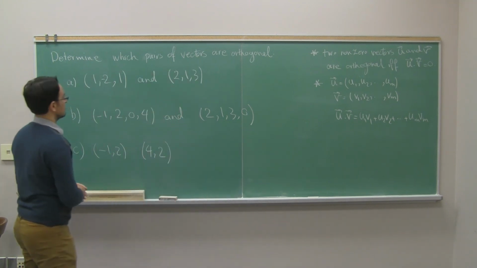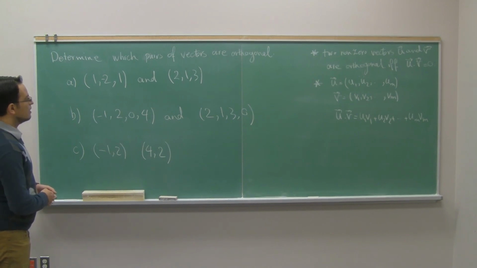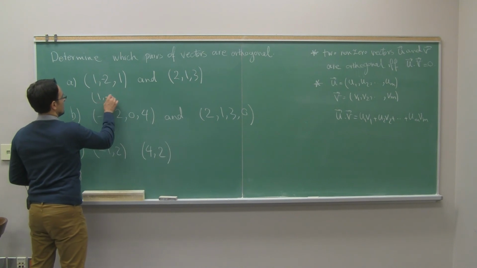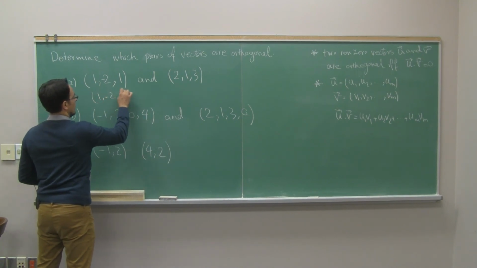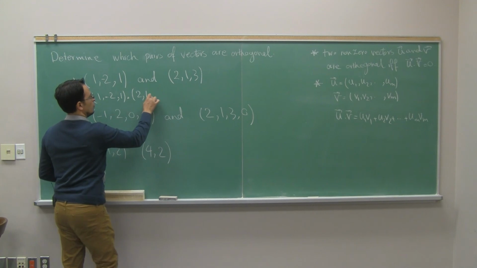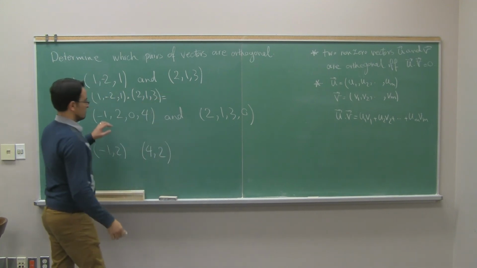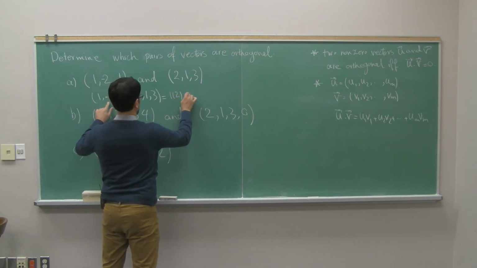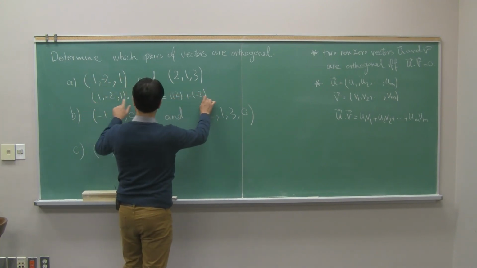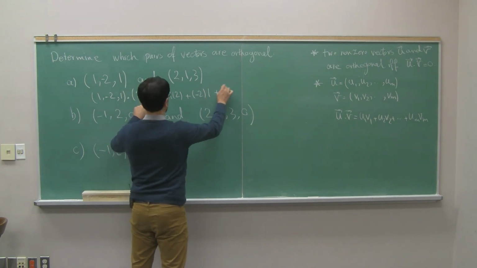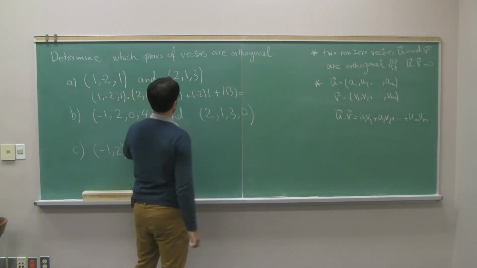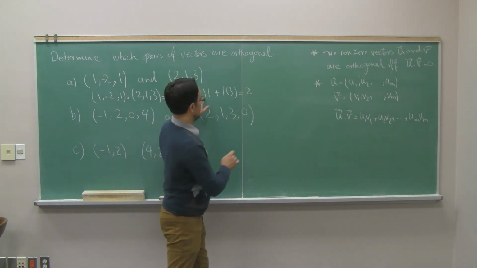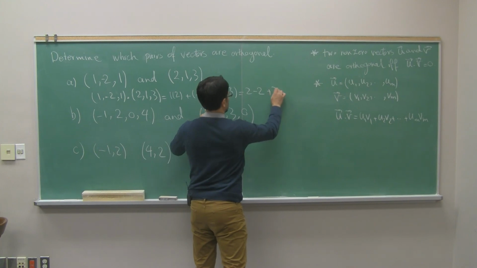Okay, so let's try to do A. To check orthogonality, I need to dot product two vectors. So (1, -2, 1) dot (2, 1, 3). Dot product is multiply the corresponding components. 1 times 2 plus -2 times 1 plus 1 times 3. 1 times 2 is 2, -2 times 1 is -2, plus 3.